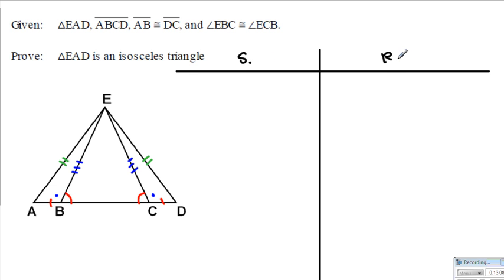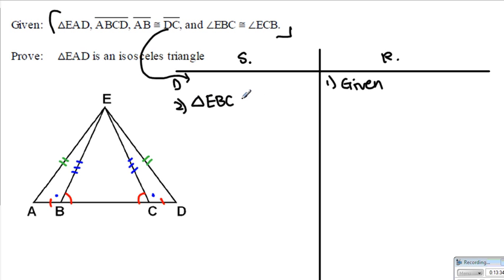Statements and reasons. So first one, we're going to assume that all the givens, once again, are written on the first part. Number 2. Now, we realize the triangle EBC is an isosceles triangle.